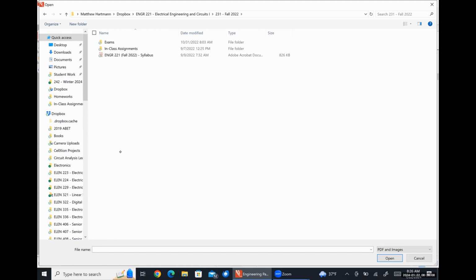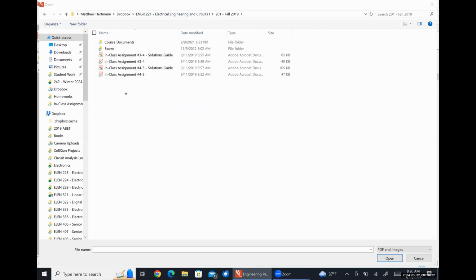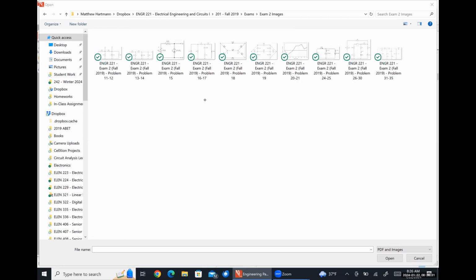All 2022. Well, that folder is somehow just empty. All right. Geez Louise. All right. Fall 2019. It says exam 2 images, but not the exams itself. What do you draw this? LaTeX.